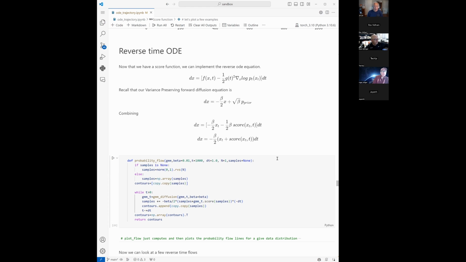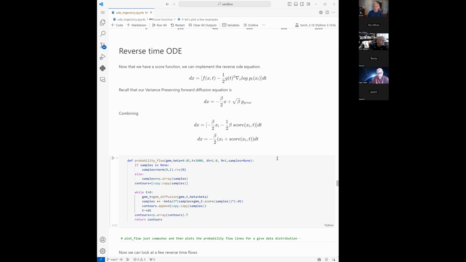And you can see then that dx is equal to minus beta over 2 times the value x, plus the score function at that time, times dt. This actually provided an insight to me.